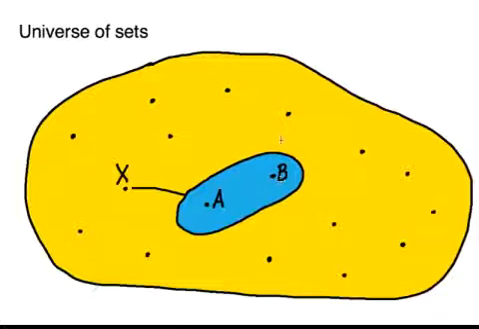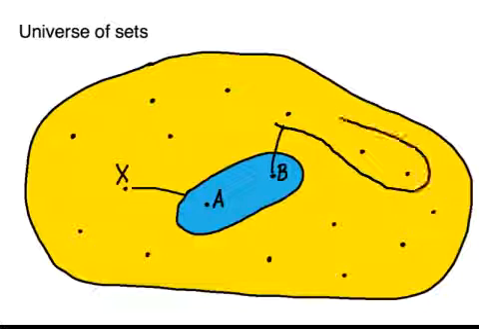Now A and B themselves can be sets. For example, B could be a set that's made out of these three elements, and we can give names to these as well, or not. Let's give a name to one of them. Let's call this set Y. And also A can have elements.